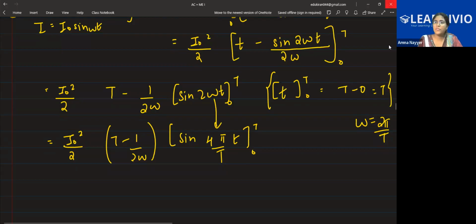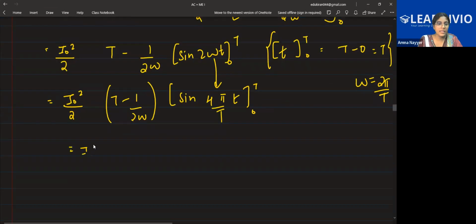So if we put all these values, this is I naught square by 2. Here we have t minus 1 by 2 omega sine 4 pi.